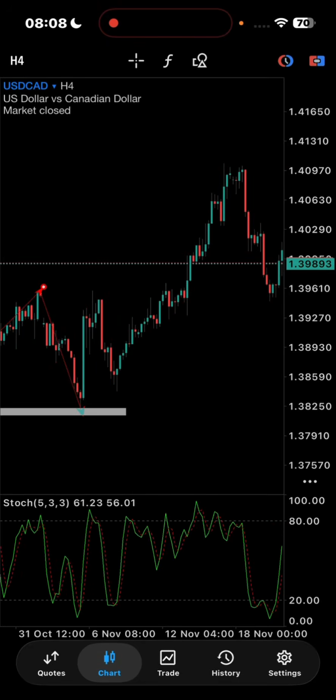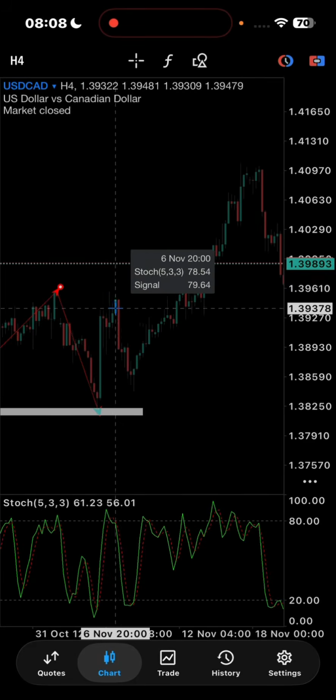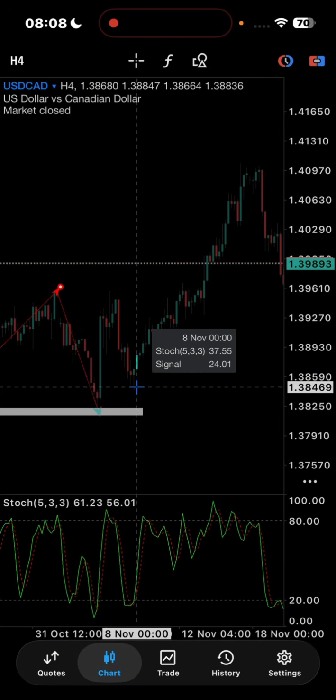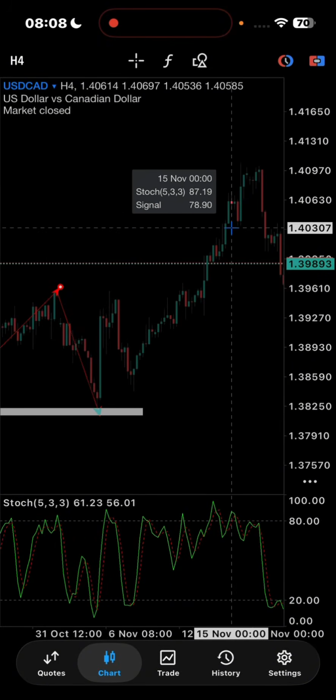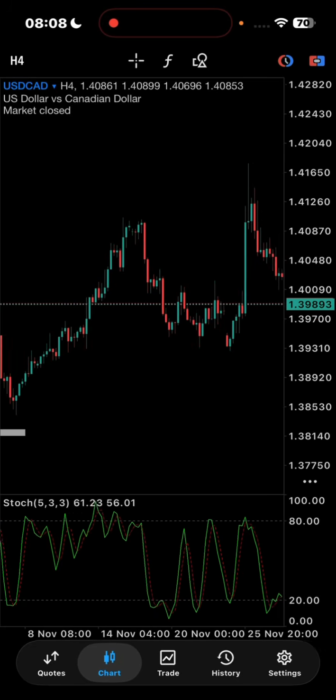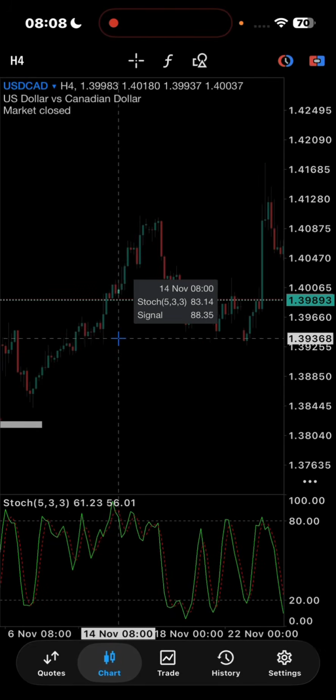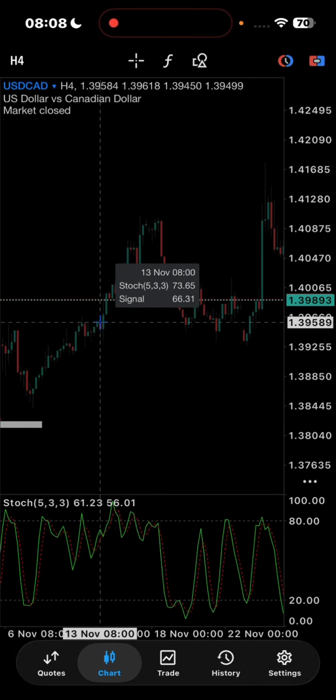It is very important. So then we have this low, structural low. The market broke out. So like this, we are supposed to ignore this.